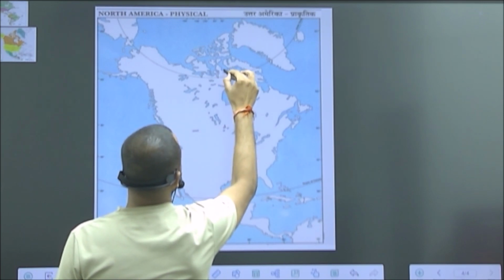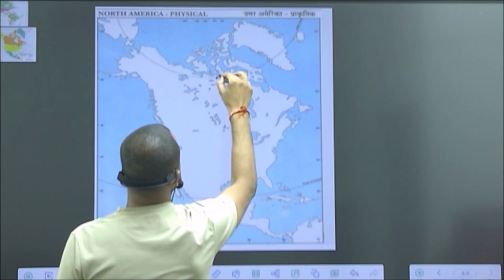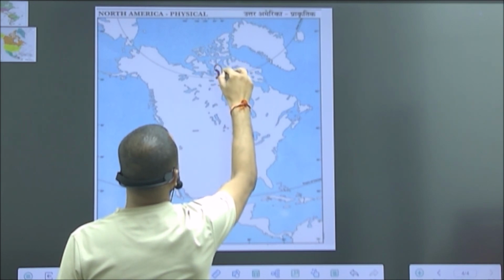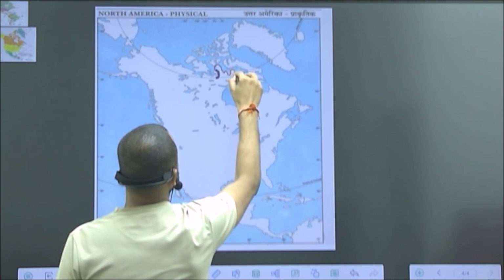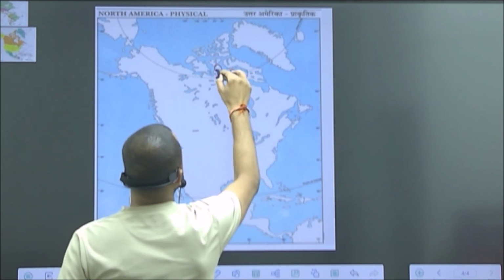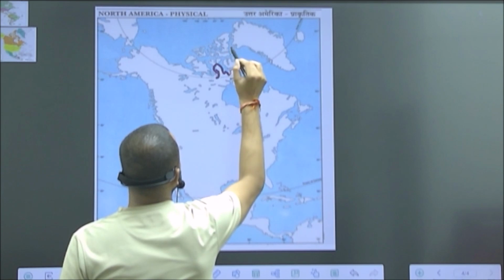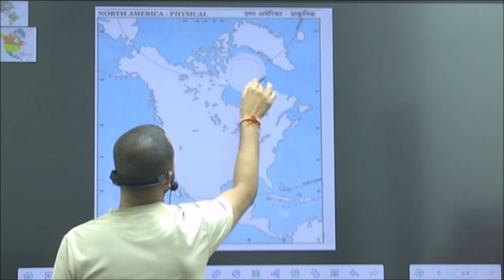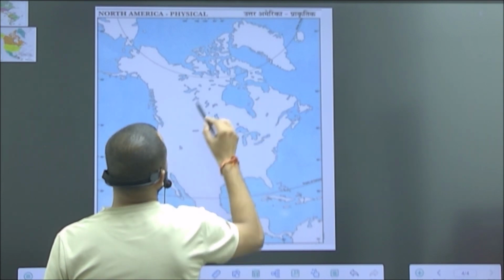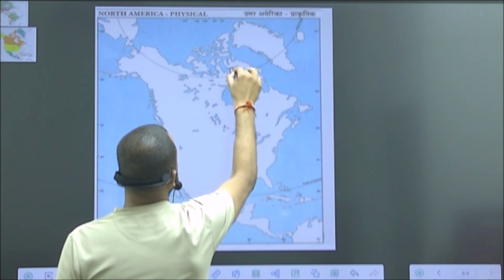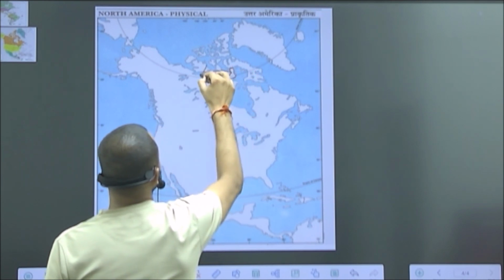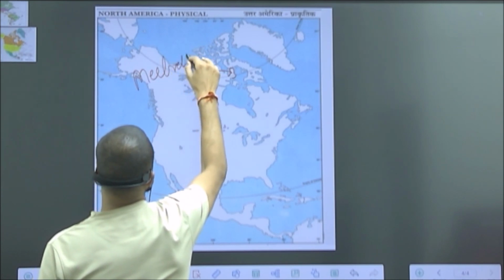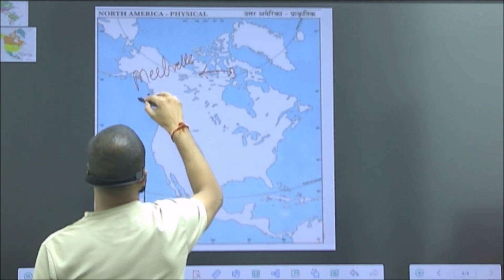This is one peninsula called Melville Peninsula.